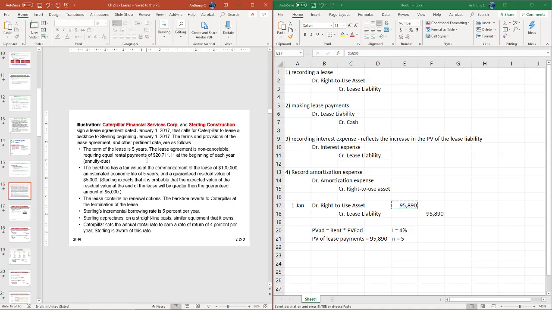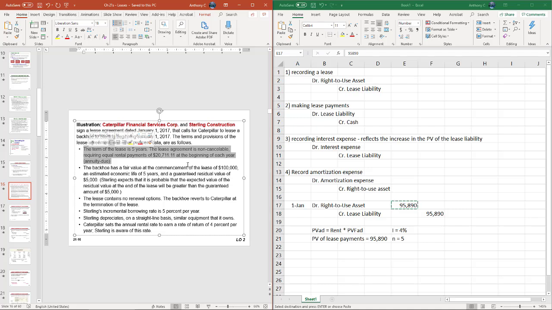So now, if we look at this first bullet point, it tells us the lease agreement is non-cancelable, requires equal rental payments of $20,711.11 at the beginning of each year. So also on January 1st, besides recording the lease asset, we are going to also make our first lease payment.